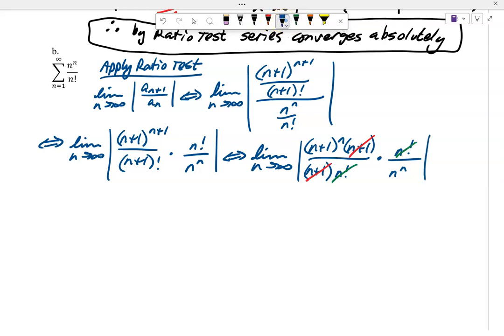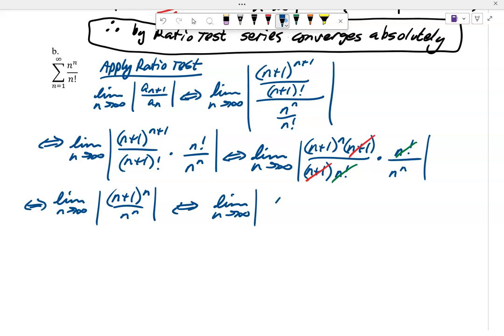So we get n plus 1 to the n all over n to the n, which is n plus 1 over n, to the n.